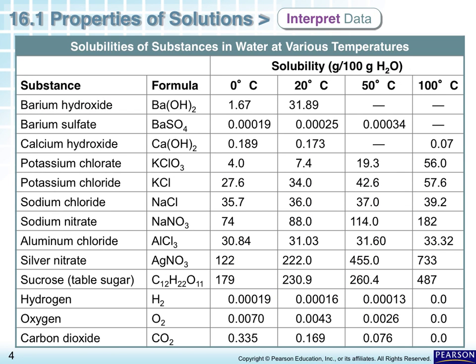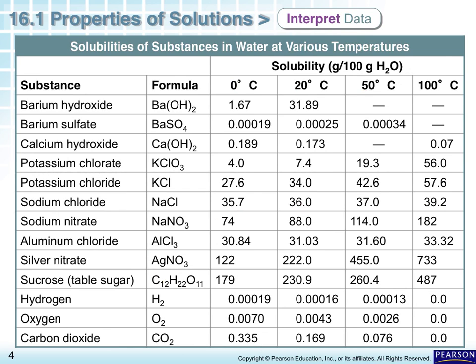This table shows the solubilities of various substances in water at different temperatures, at 0 degrees Celsius, at 20 degrees Celsius, 50, and 100 degrees. So the first grouping of substances here are all solids, and we can see that as a general rule we go from 35 to 36 to 37 to 39 for sodium chloride, increase with temperature.